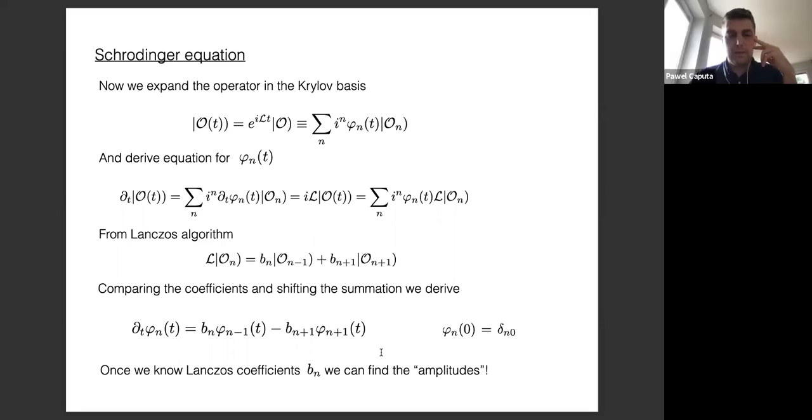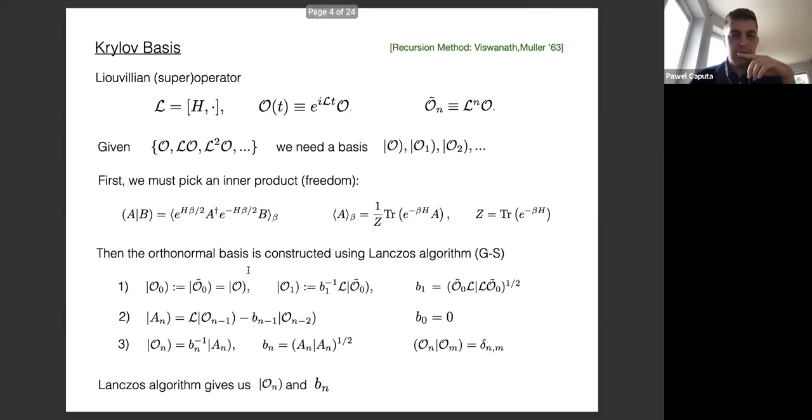Yeah, I'm not 100% sure I can answer this question in general. I would assume that this Lanczos algorithm is built in such a way that probably yes, but definitely in all the examples I and people studied, I think this is true, but I don't know how to prove it in an obvious way.